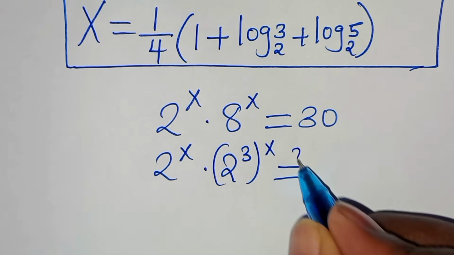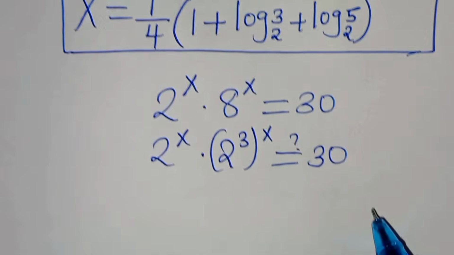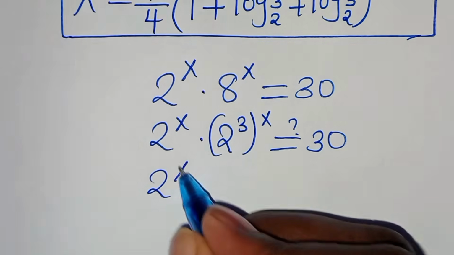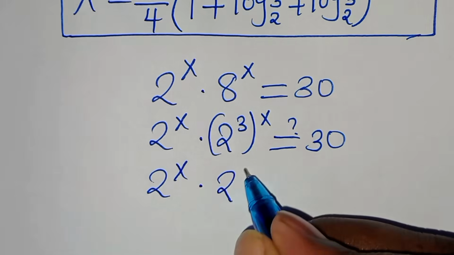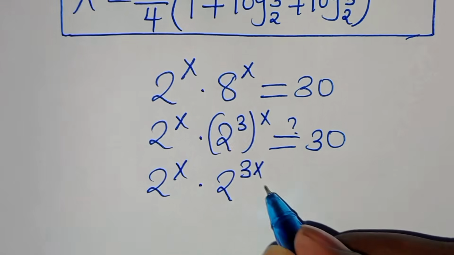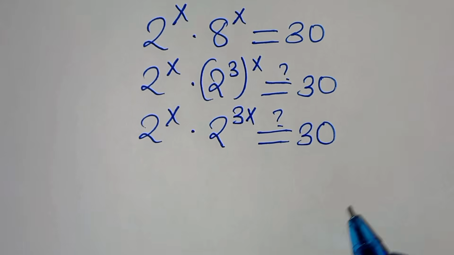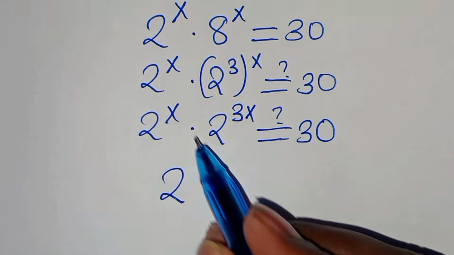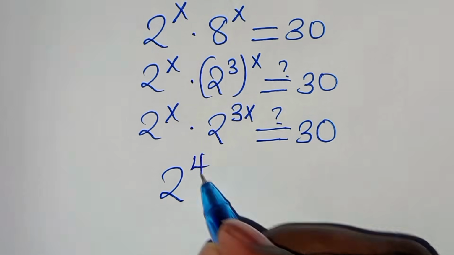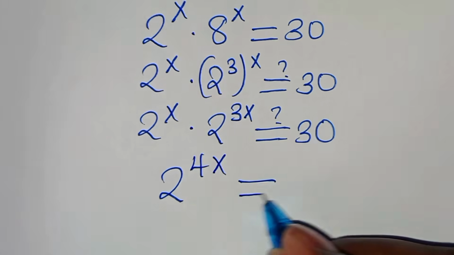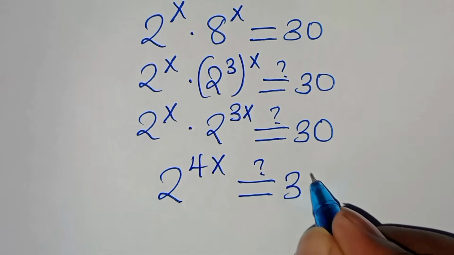This is supposed to give us a value of 30. So this is 2 to the power of x times 2 to the power of 3x. So this is to mean that we have 2 to the power of x plus 3x, this is 4x. This should give us a value of 30.